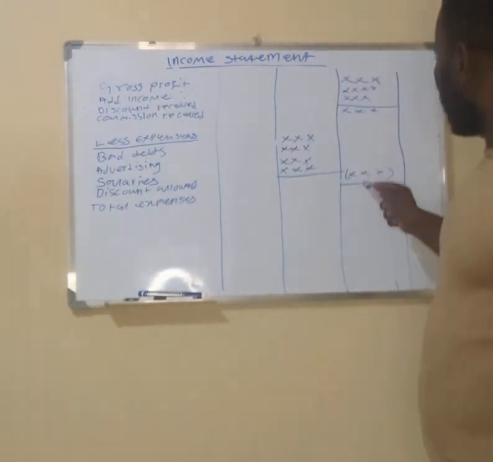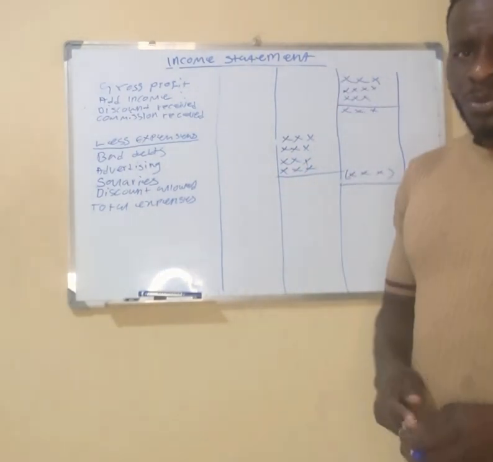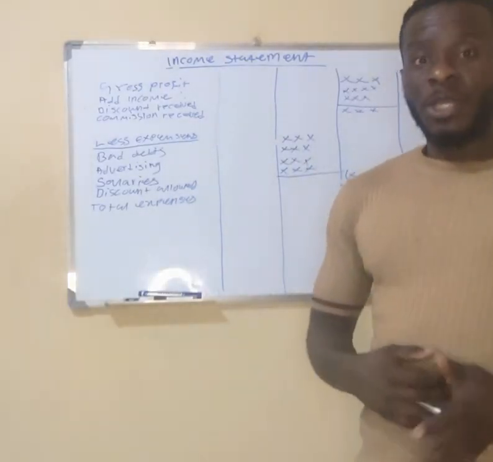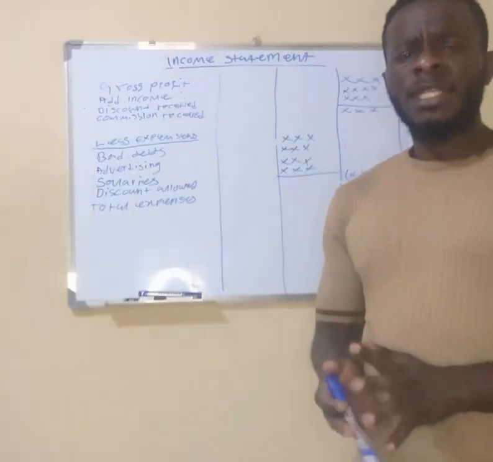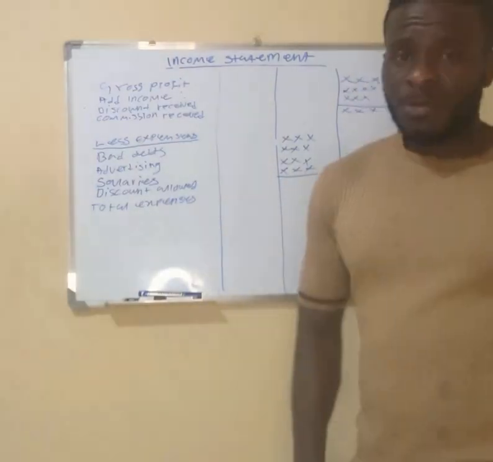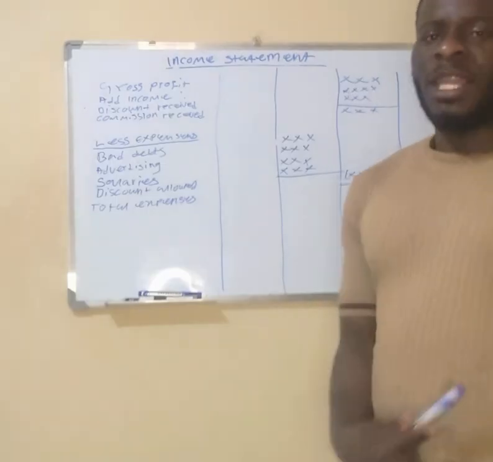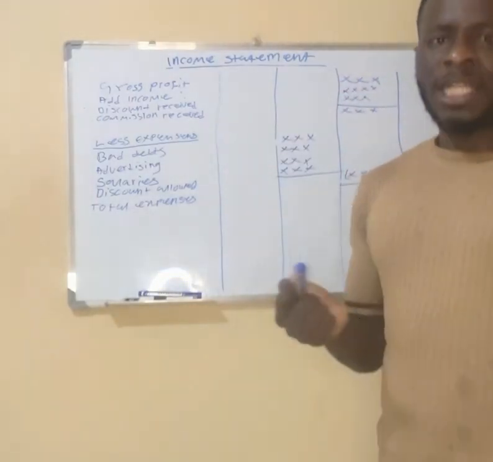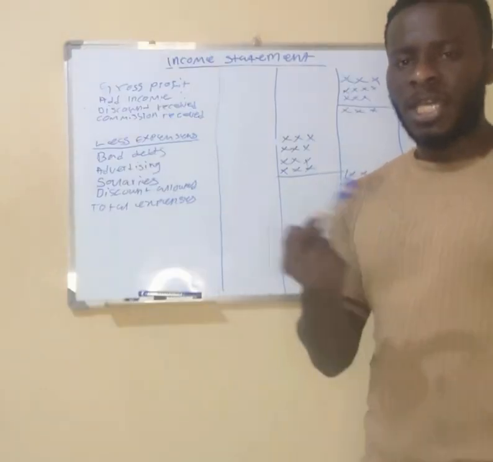If you have a figure here which is bigger than the gross profit, it will give you a negative figure. That negative figure represents a loss. If the expenses exceed the gross profit, the company has experienced a loss.